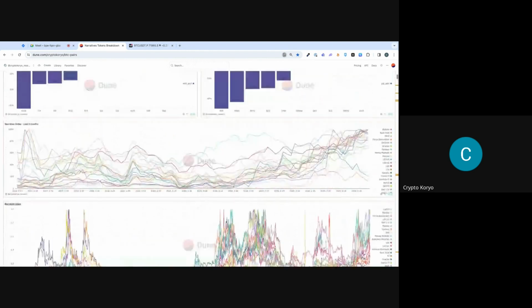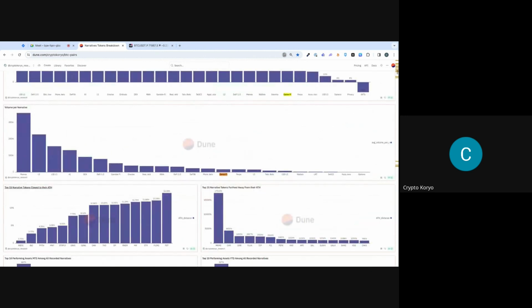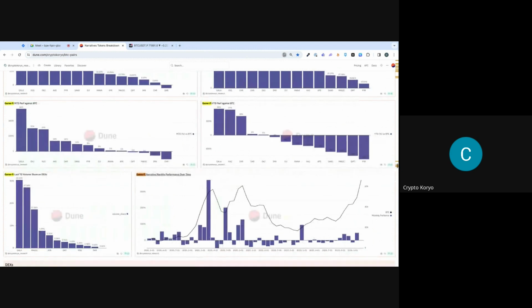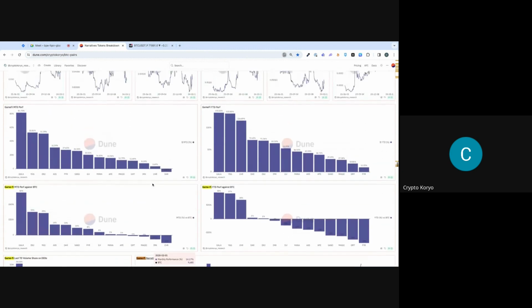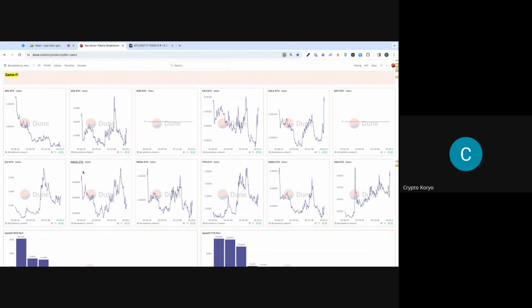Now, if we zoom in, now that we know which trends to pay attention to, for example GameFi, which I tweeted about today, we can look more specifically at the token breakdown, the second section of the narrative dashboard. We can see different GameFi tokens.